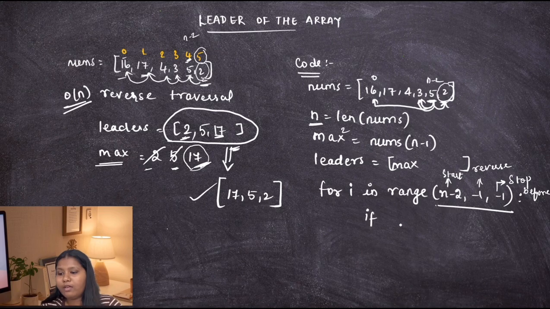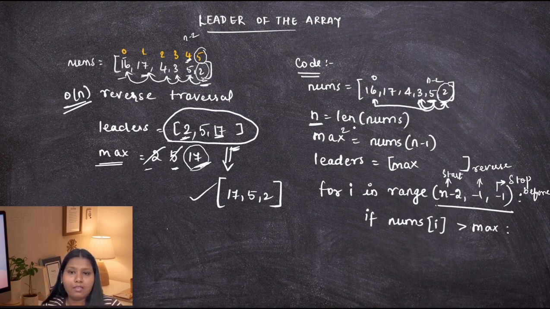Now, whenever I find a number which is greater than max, how to write it? If nums of i is greater than max, whenever I find a number greater than this max variable, I will update the max variable with that number. So now the new maximum is the number, and after updating the maximum, I will add that new maximum to my leaders list.